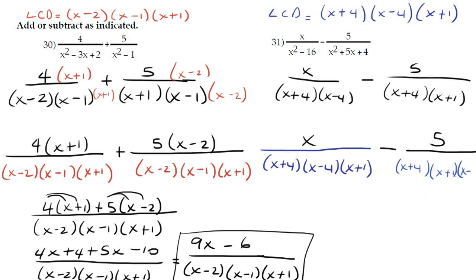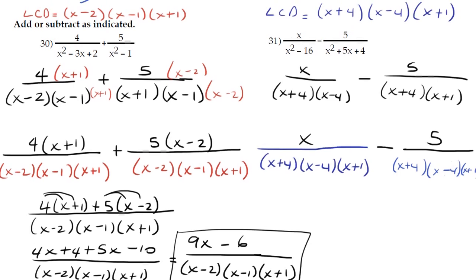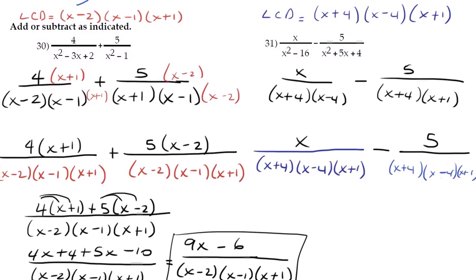I didn't write that correctly, did I? X plus 4, x minus 4, x plus 1. There we go. Okay.